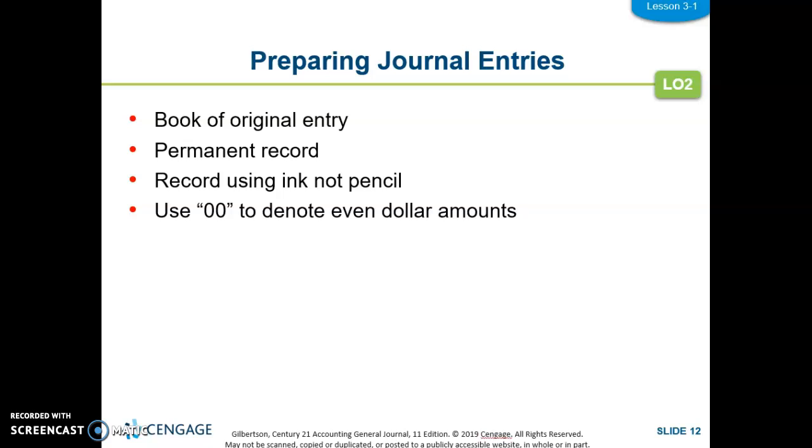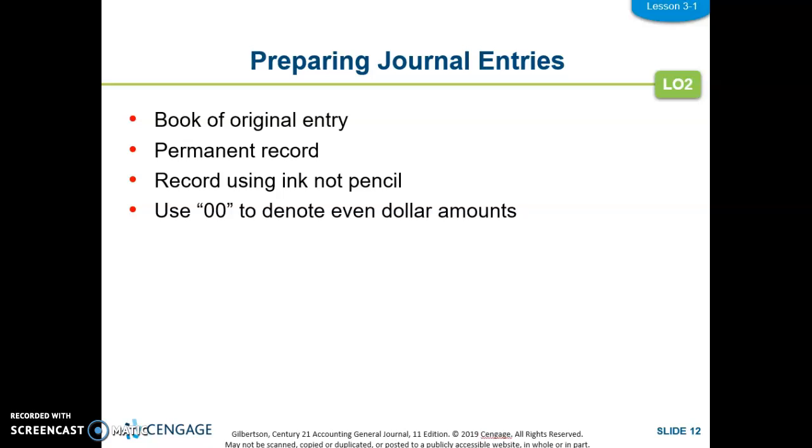When we prepare our journal entries, a company's journal is sometimes referred to as a book of original entry. This means that the journal entry is the first place a business transaction becomes a permanent part of a company's accounting system. Because the journal is a permanent record, accountants usually record journal entries in ink rather than in pencil.